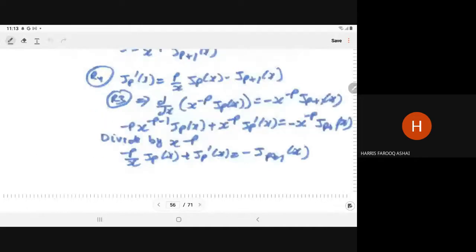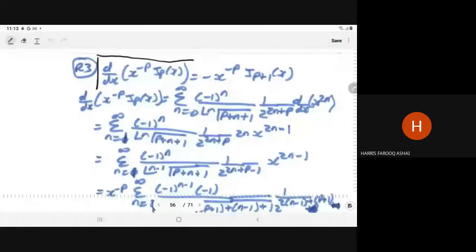Now the third recurrence relation. In the third recurrence relation, we have d/dx of x to power minus p Jp is equal to minus x to power minus p J p plus 1 of x. That is our third recurrence relation.